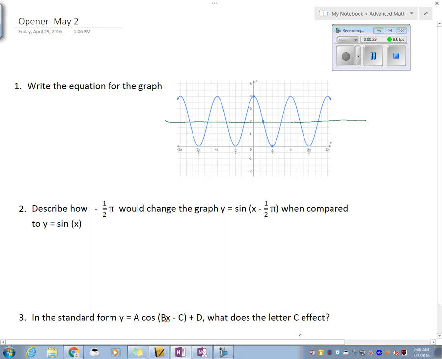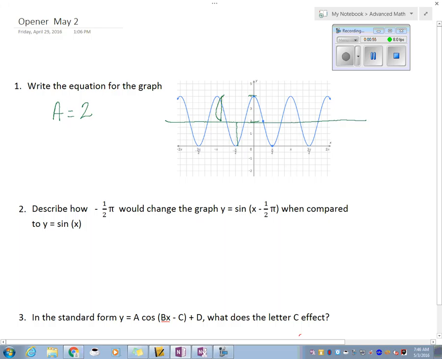This is the midline, I know, because it's the same number of units up as it is down, right? So I know that's the midline. And from that, I can tell that A needs to be 2, because the distance from 2 to 4 is 2 units. So I know that the beginning letter is A.